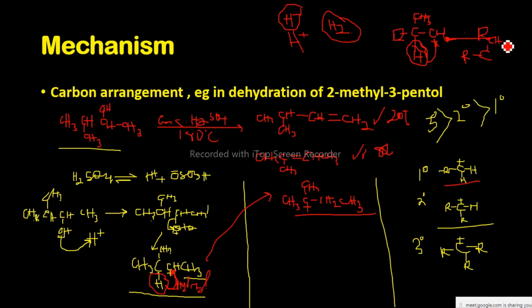In fact, this is a tertiary carbocation, and then this is CH3. So this is a tertiary carbocation, and now this is stable, so it can proceed to the next step. Is that okay? Feel free to contact.